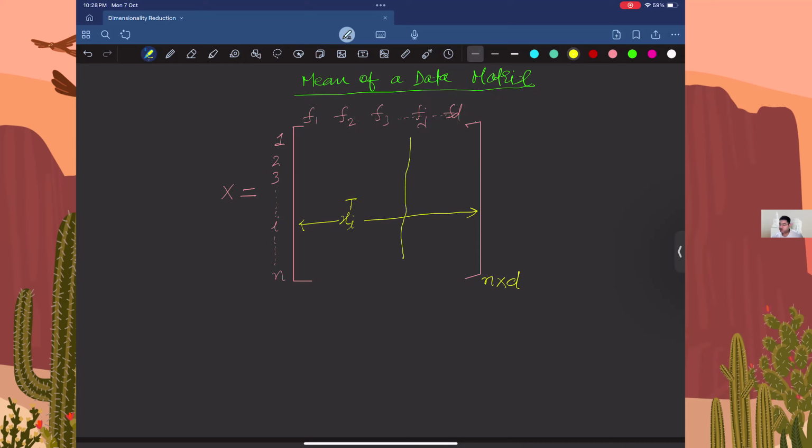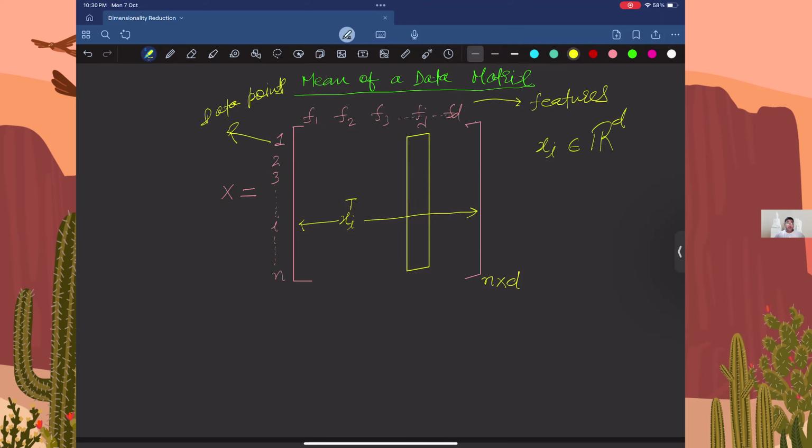And let me take one column here, fj. I'm taking this column, fj. Why I'm taking this column, you will understand in a while. Suppose this is a matrix and I want to compute a mean vector. What shall I do?